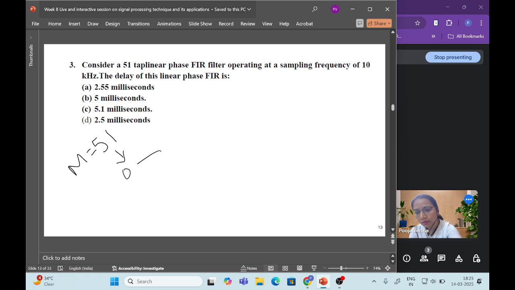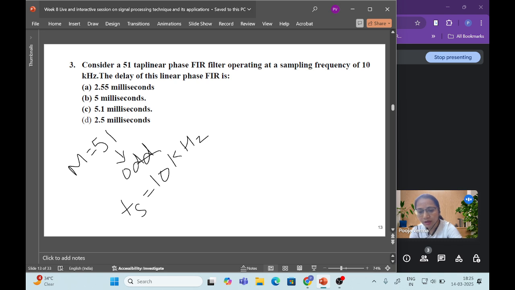The sampling frequency is given as Fs equal to 10 kilohertz. They have asked for the delay of the linear phase FIR filter.